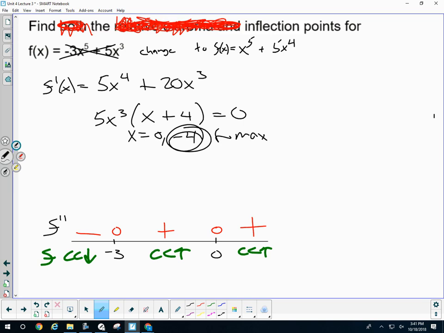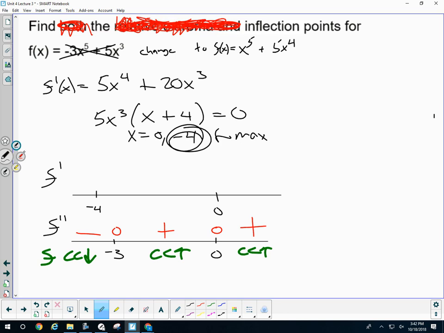Well, let's confirm it's a max. At negative 4 and at 0. All right, I plug in something like negative 5. Negative 5 cubed is a negative. Negative 5 plus 4 is a negative.